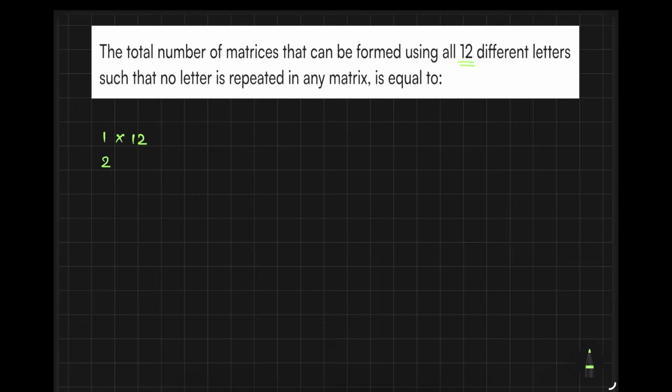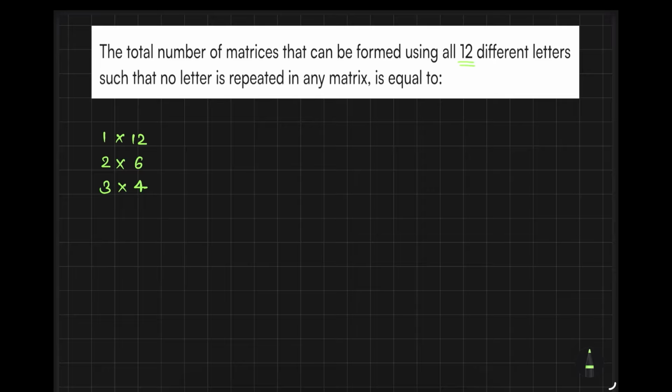Also we can go with 2 cross 6. There will be 2 rows and 6 columns. There will be 3 rows, 4 columns. And if you try to read this product, it will always be equal to the number of elements. So if you want to find the number of elements, you just multiply.